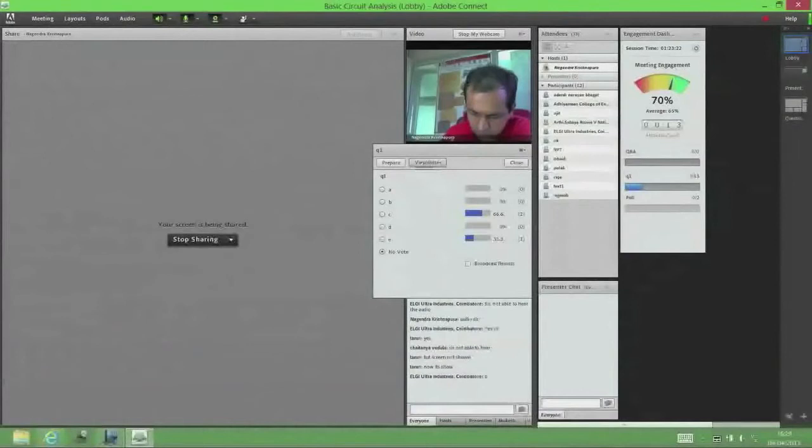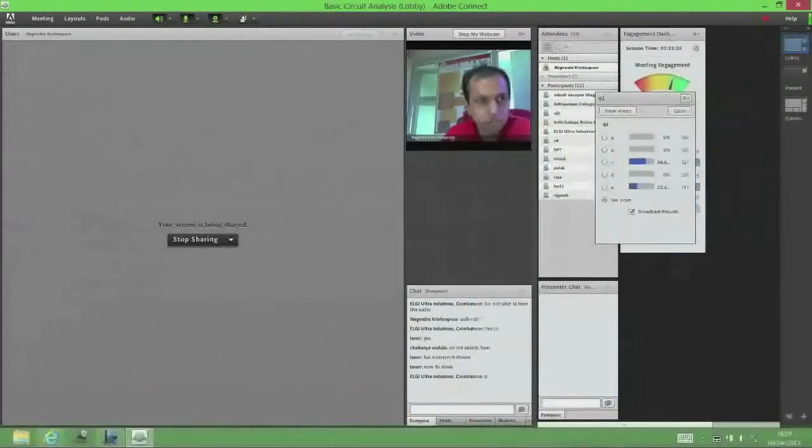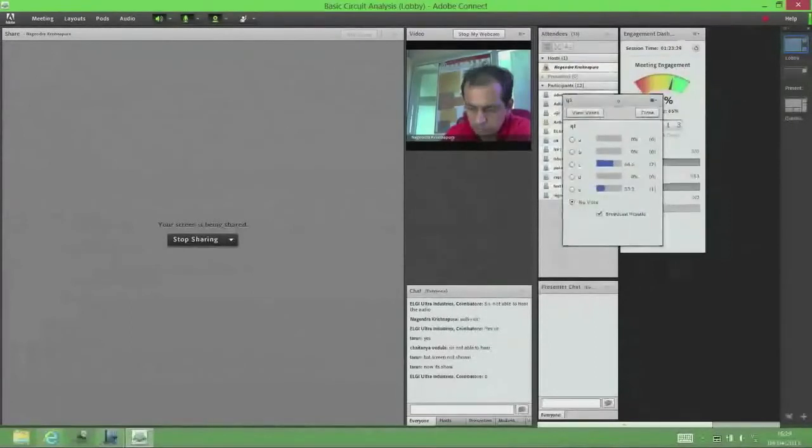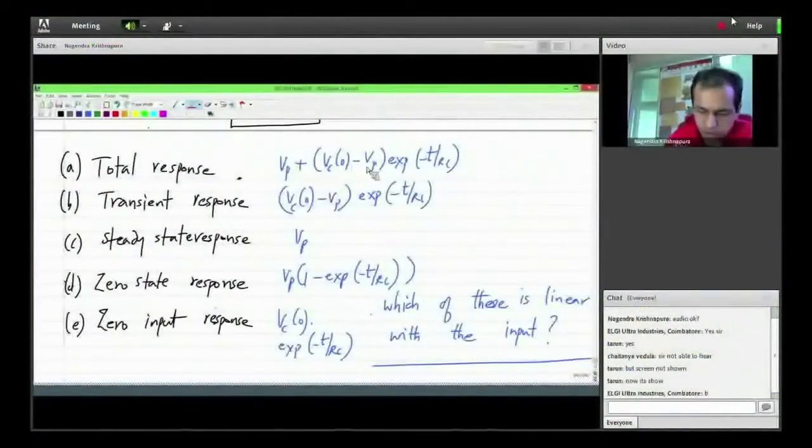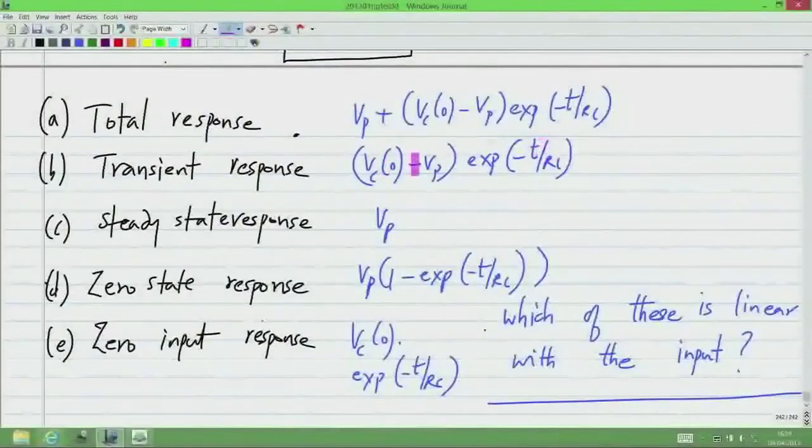Now I got some responses. Clearly the first one is not proportional to Vp because of this Vc of 0 term. So this is also not proportional to Vp because of this Vc of 0 term.